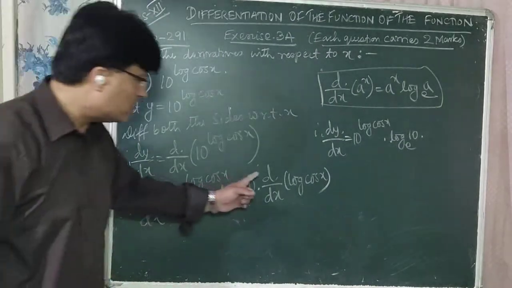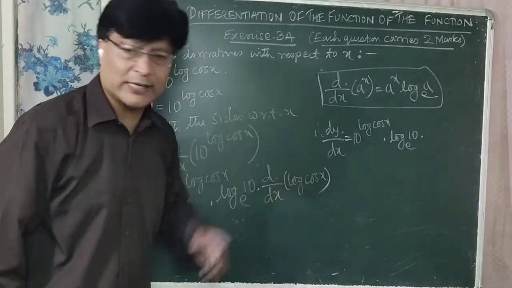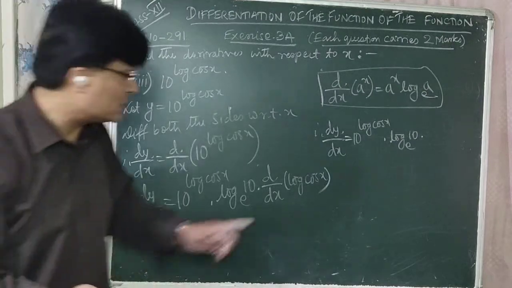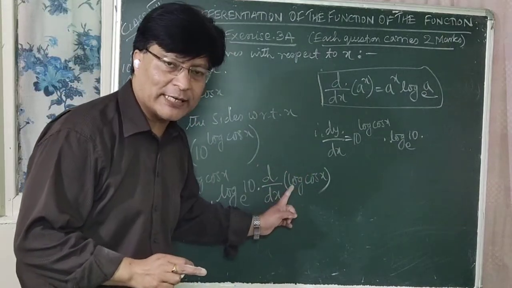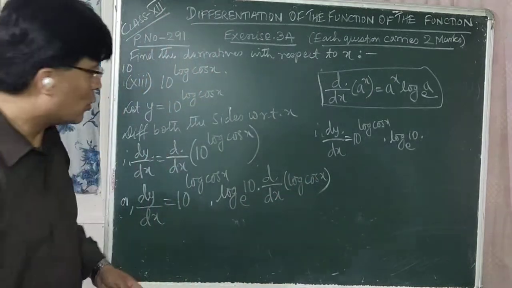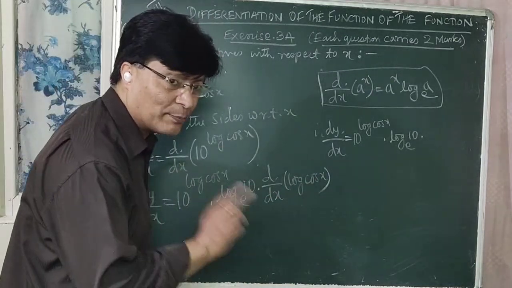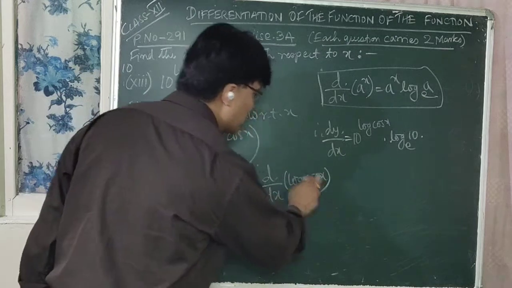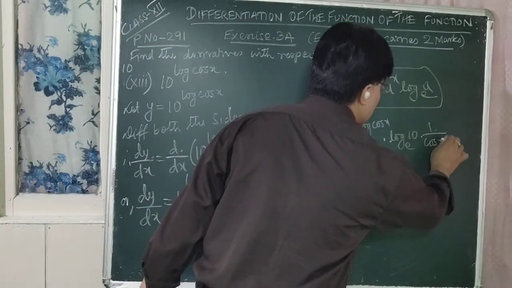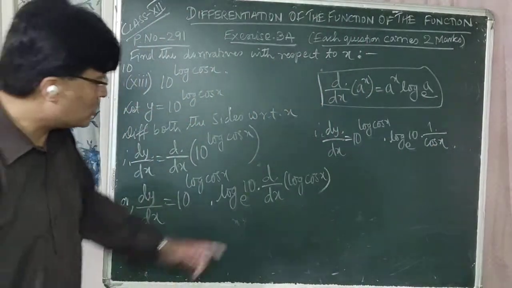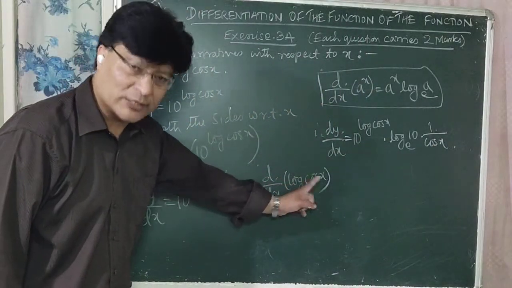Now, how do you differentiate d by dx of log of cos x? What should you take it as? First of all, it is log, isn't it? So you should take it as log x. What is the differentiation of log x? 1 upon x. But here, instead of x, there is cos x. So you should write 1 upon cos x.